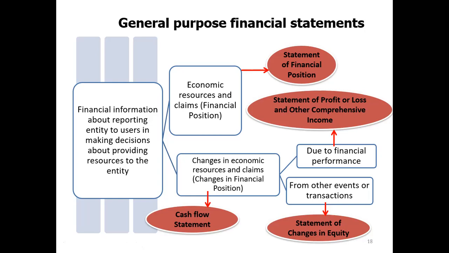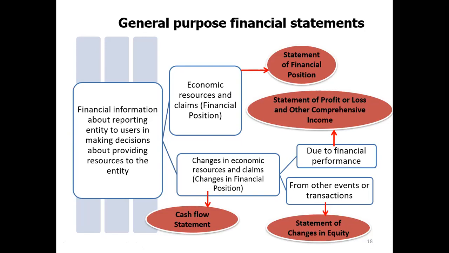Then on the other hand, claims on the economic resources. What is that? The claims on the economic resources are liabilities, right? And also the equity. So simply putting, it's about assets, liabilities, equity. You communicate information about assets, liabilities, equity.